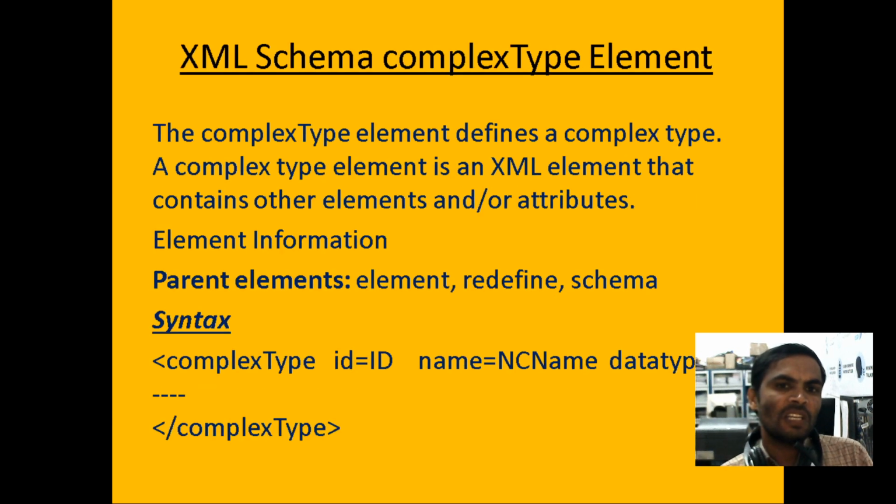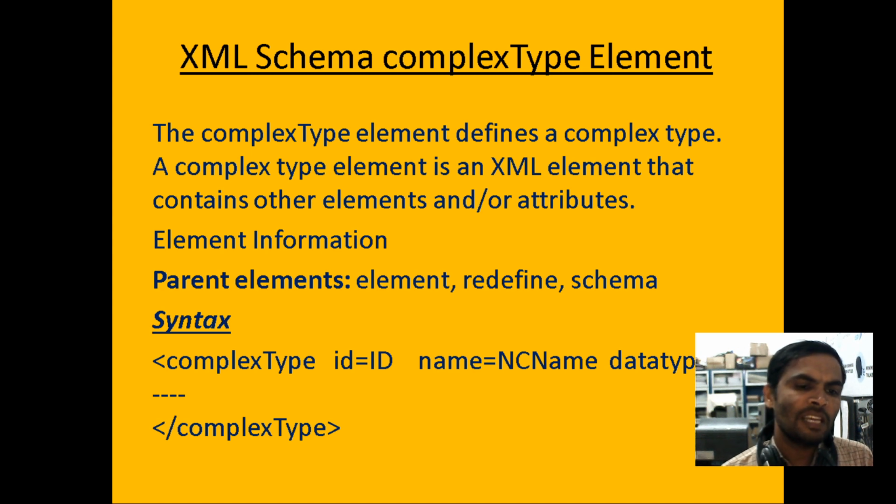Next we go to complex type elements. A complex type element is an XML element that contains other elements. It can consist of a group of simple type elements, and we call it a complex type element.